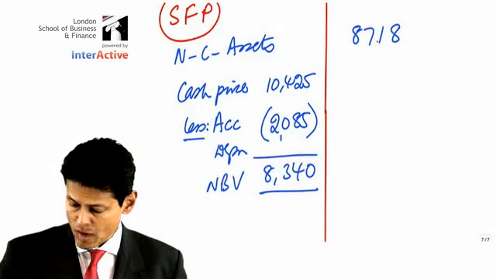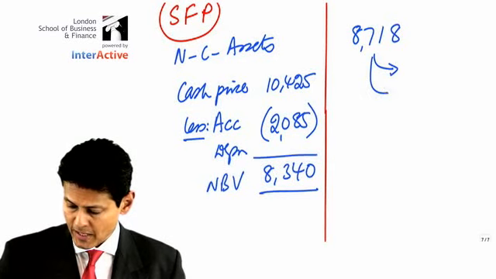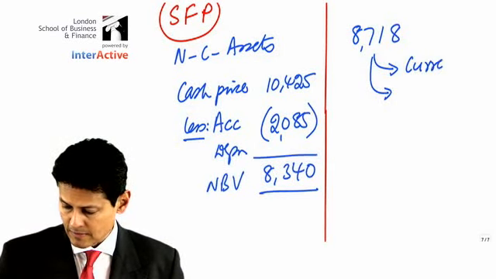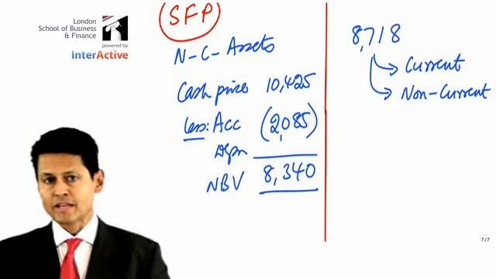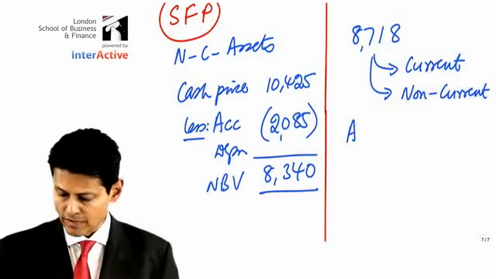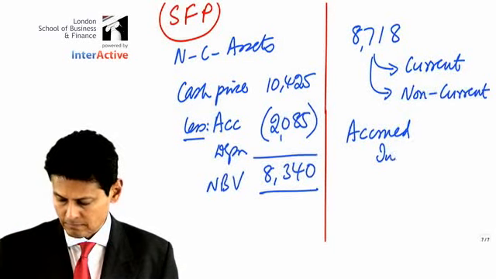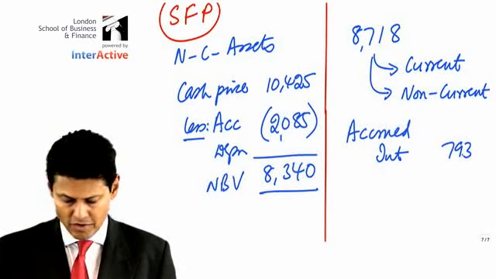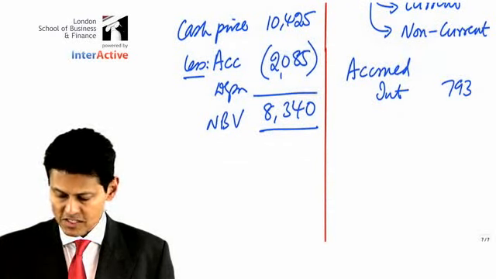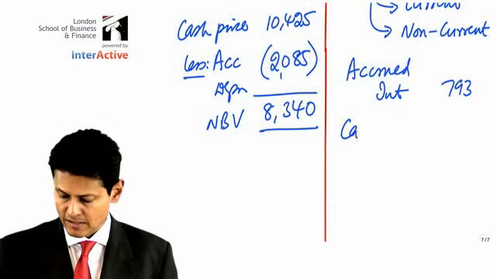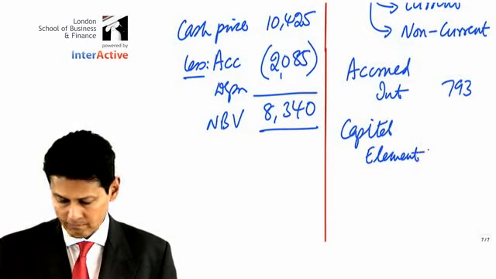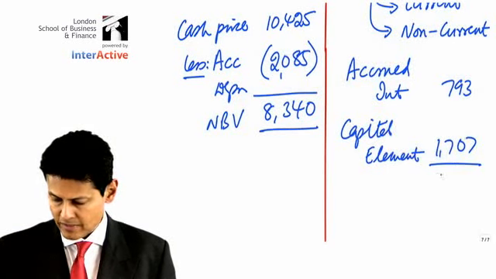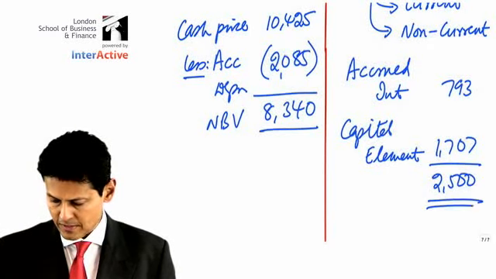So the 8718 must be split between current and non-current. Remember the accounting convention, at the end of every year, you must split that. So the accrued interest is 793. Remember, it's included in the second payment of 2,500. And the capital element is 1707 to give 2,500.